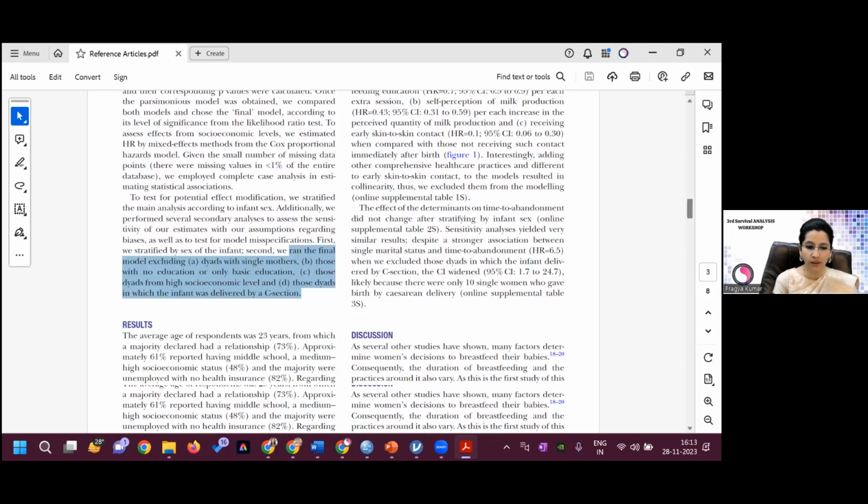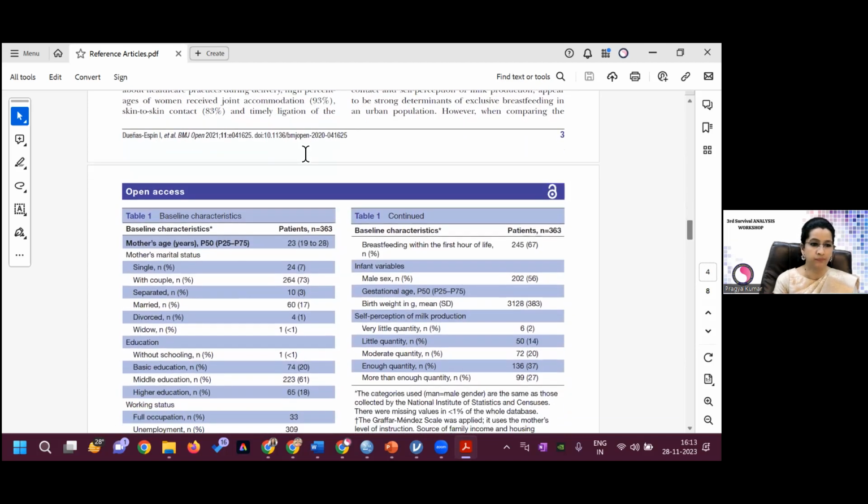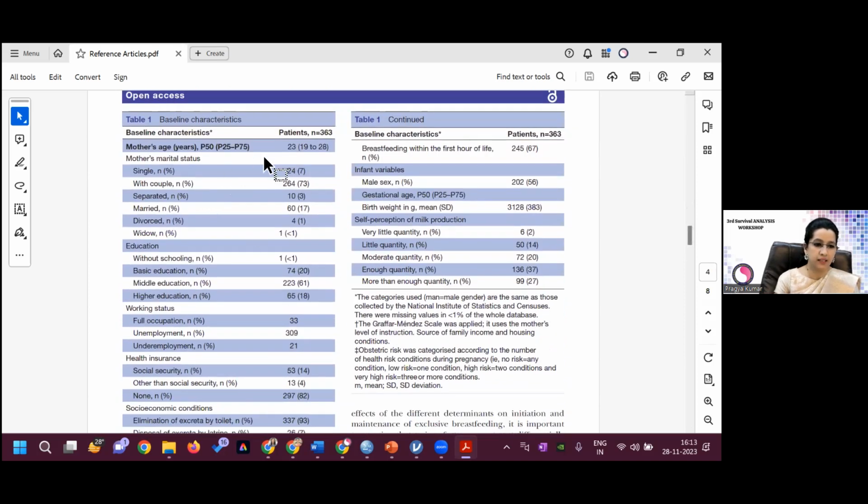Now coming to the table, this is the baseline characteristics, the plain descriptive statistics which I have shown you. You can do that with the descriptive tab of Jamovi. They have just given the percentages and frequency, and this is again the same continued one.